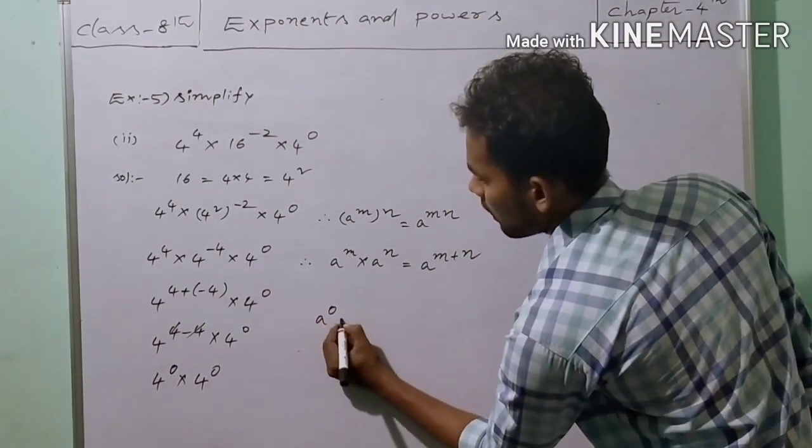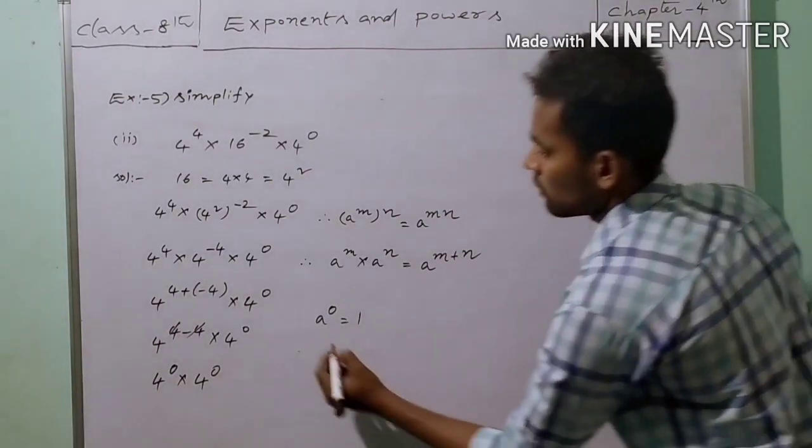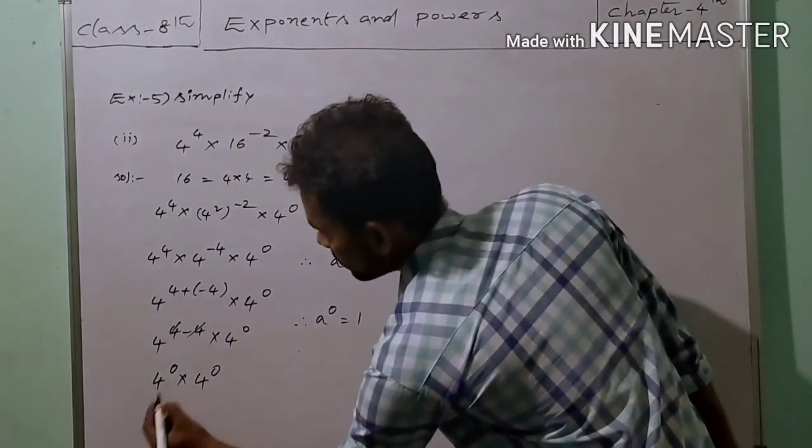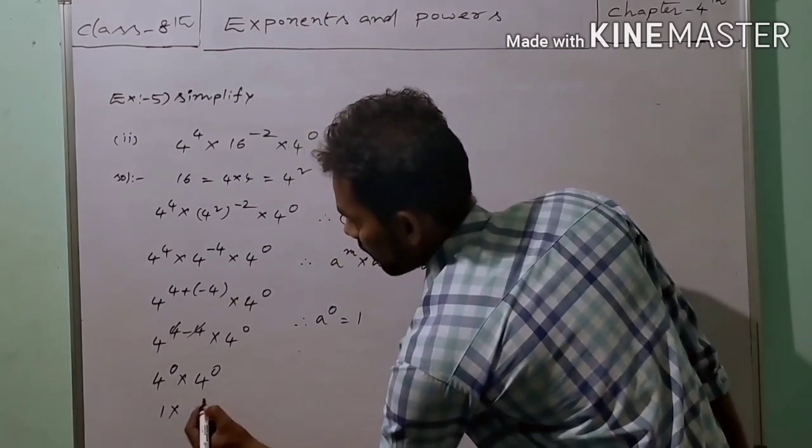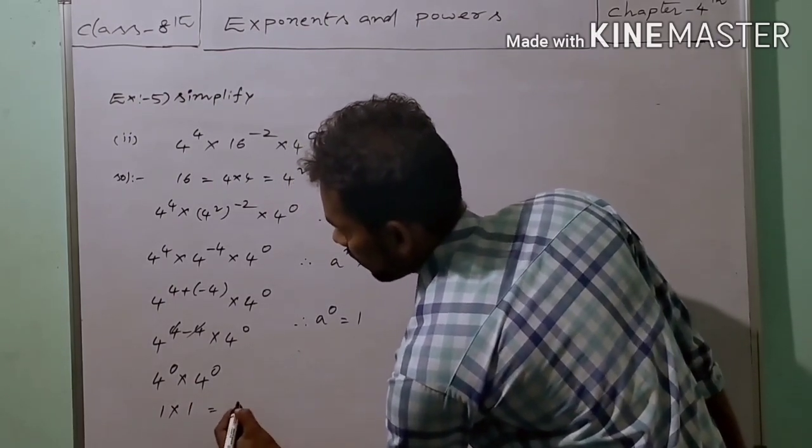A power of 0 equals 1. 4 power of 0 equals 1, into 4 power of 0 equals 1, so 1 into 1 is 1.